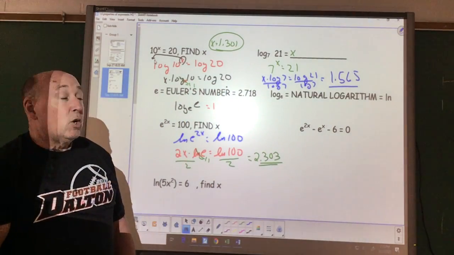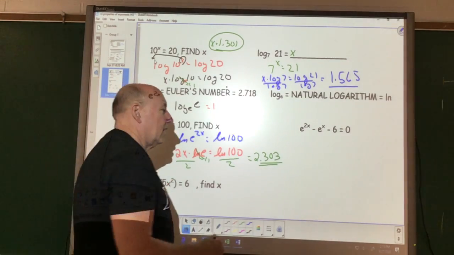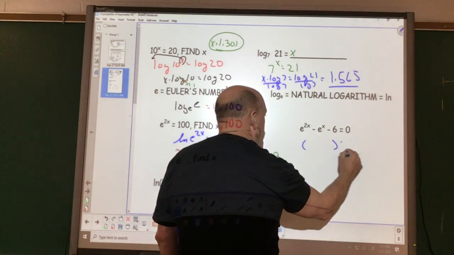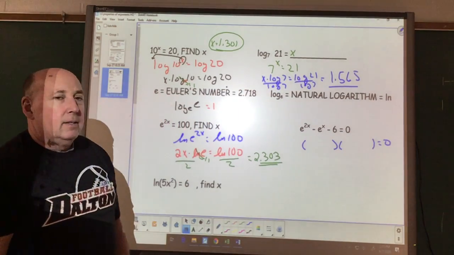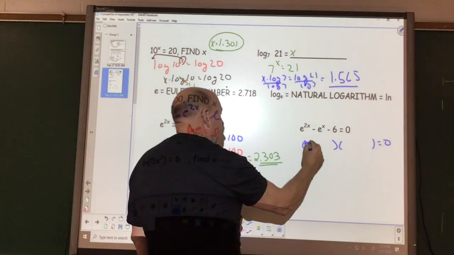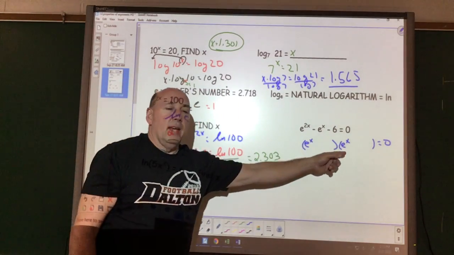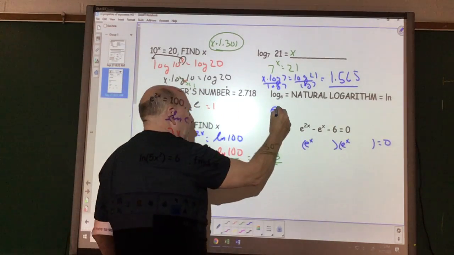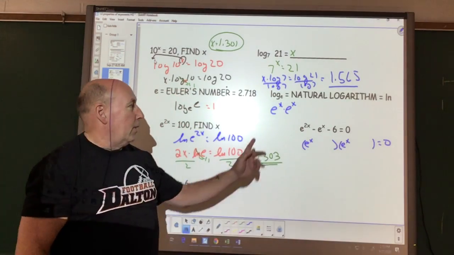Let's take a look at a quadratic idea. Looks like a quadratic equation. We can go e to the x and e to the x. If I have e to the x times e to the x, once again, properties of exponents.